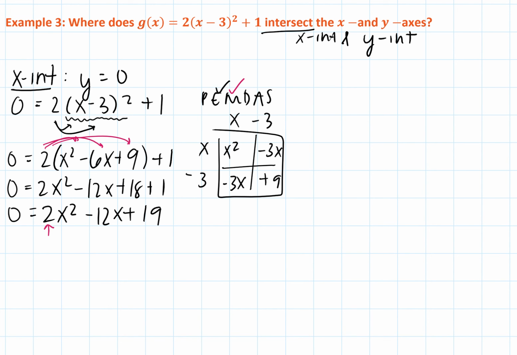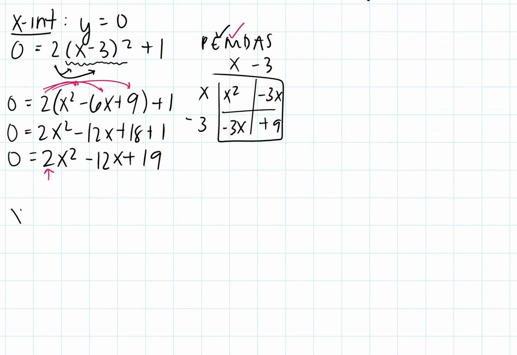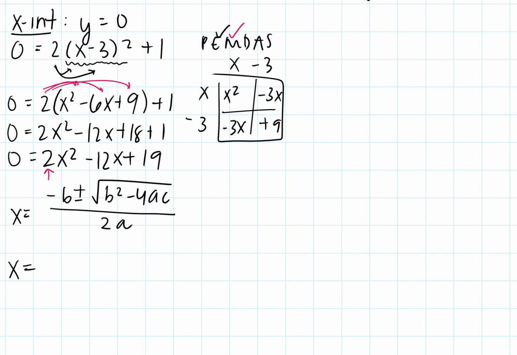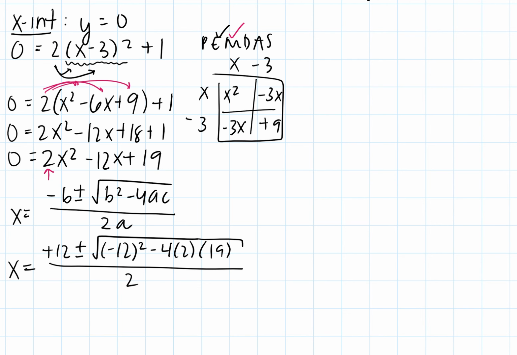I don't know how to factor when that leading coefficient is not 1, so let's use the quadratic formula. Writing it out every time helps me remember. The opposite of negative 12, so that would be positive 12, all over 2a, not just the square root.